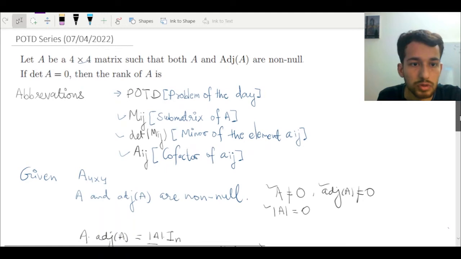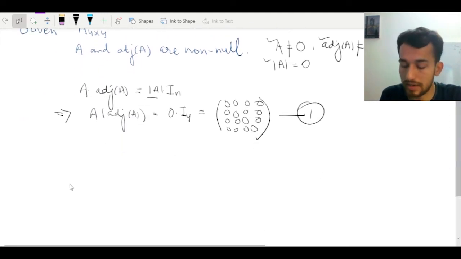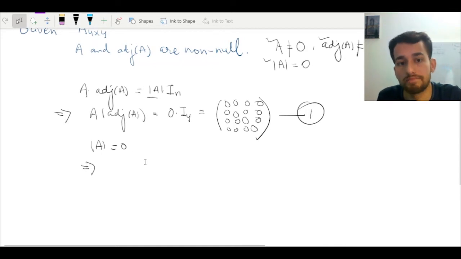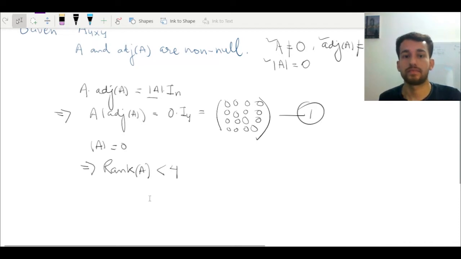Further, since A is a 4 by 4 matrix and it is given that determinant of A is 0, from here we can conclude that the rank of the matrix A certainly has to be less than 4, because we know in general that if A is an n cross n matrix, then rank of A is n if and only if A is invertible, that is, its determinant is non-zero.